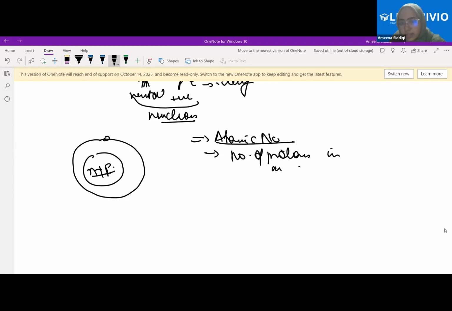Excellent. And we know that the atom is initially neutral. What is the nature of the atom? Neutral. It will be having different charges in the form of the electrons and the protons, but the atom is neutral. And we also know that the charge on the electron is equal but opposite to the charge of the proton.